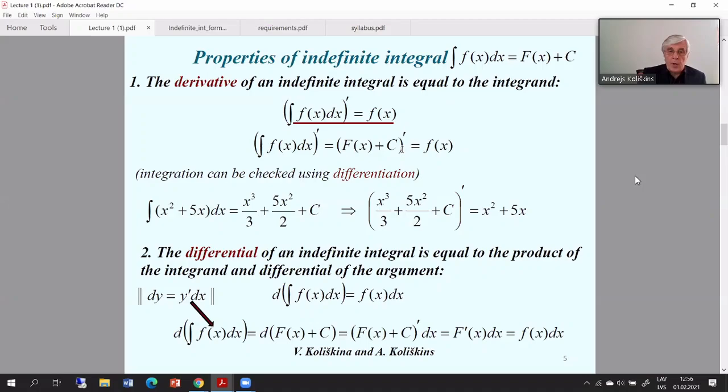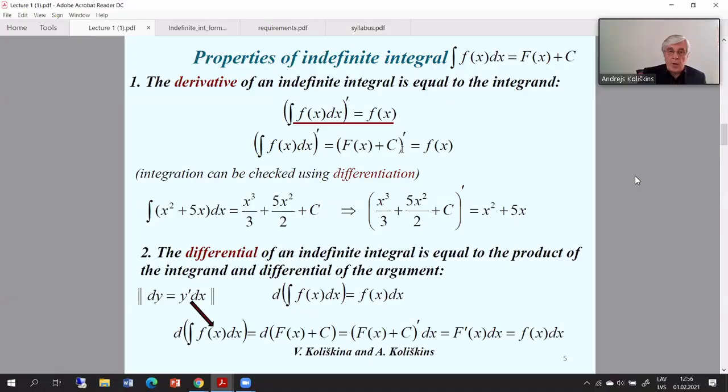So you can check using the rules of differentiation that the derivative of this function is equal to x squared plus 5x. So this is the integrand. Therefore, the calculation is correct. Of course, we are not going to do it all the time. But in some cases, if you have doubts that the integral is correctly calculated, just differentiate the right-hand side and see whether the derivative will be equal to the integrand.